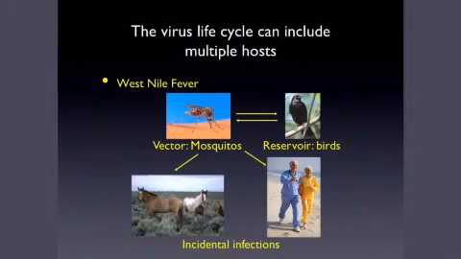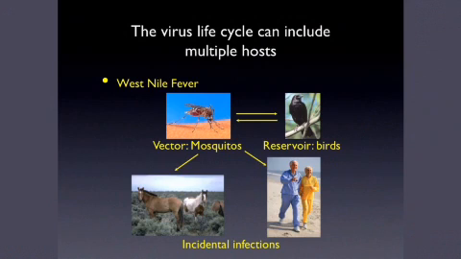Okay, now it turns out that the life cycles of some viruses are a bit more complicated. This is the basic goal of infect, synthesize, and release. But it turns out some viruses go through a much more complicated life cycle. For example, West Nile virus, which appears in the news every so often, actually goes through a complex life cycle that includes multiple hosts. So for example, West Nile fever has a reservoir in birds.